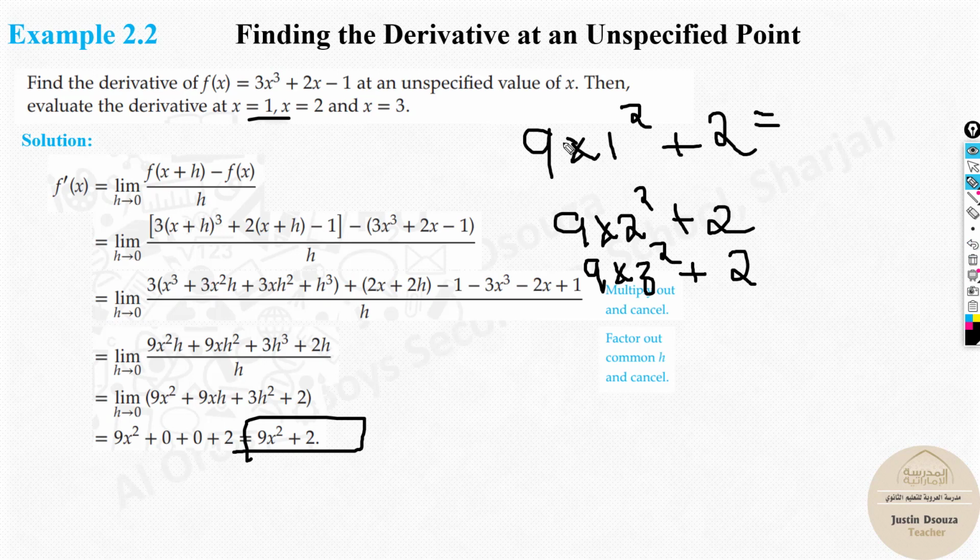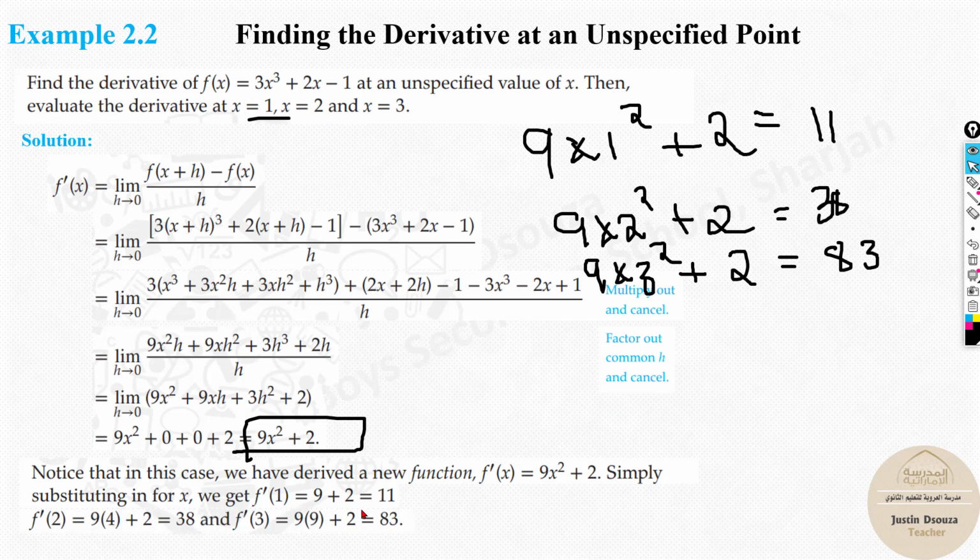It'll be 9 times 1 squared is 9, 9 plus 2 is 11. 2 squared is 4, 4 times 9 is 36, 36 plus 2 is 38. 3 squared is 9, 9 times 9 is 81, 81 plus 2 is 83. So these are the answers. You can see 11, 38 and 83.